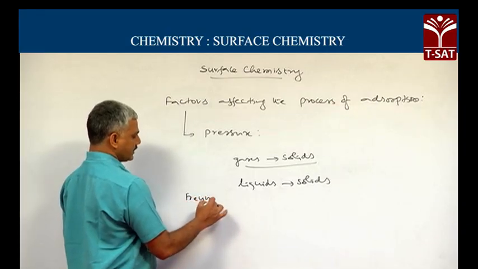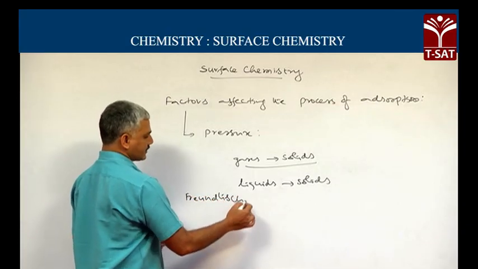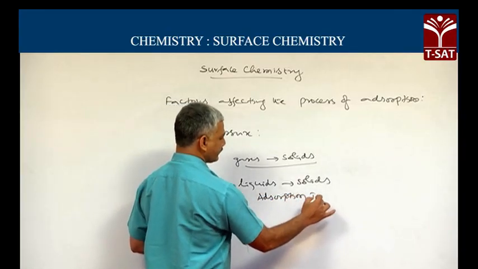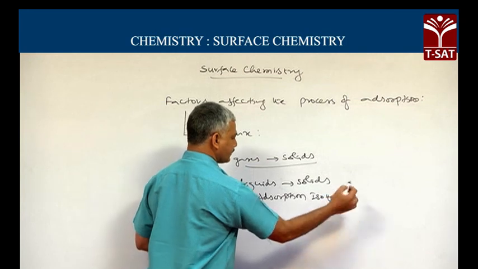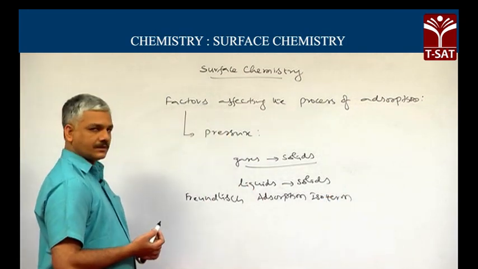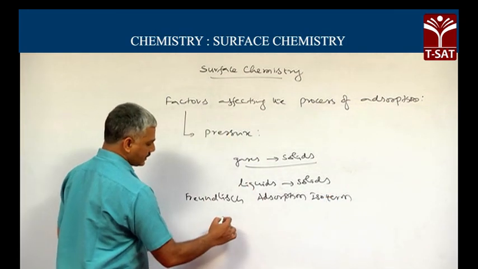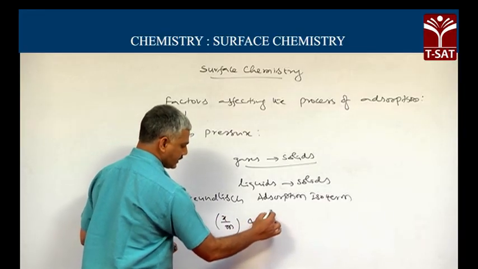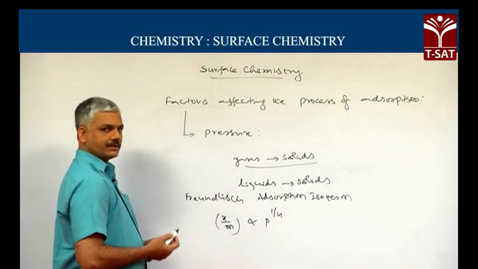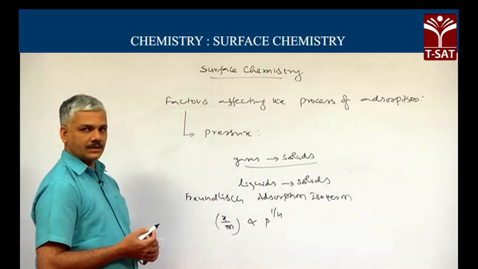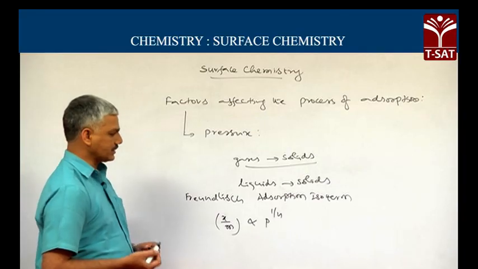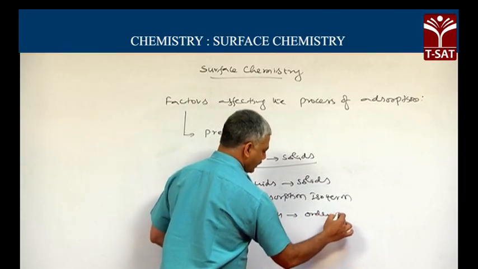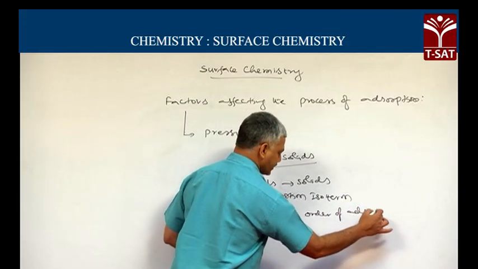The relation between pressure and extent of adsorption involving gases on the surface of solids is explained by means of a relation called the Freundlich adsorption isotherm. According to this theory, the extent of adsorption of a gas on the surface of a solid is always directly proportional to the 1/nth power of applied pressure, where n is called the order of adsorption.